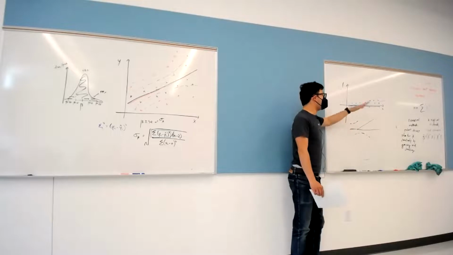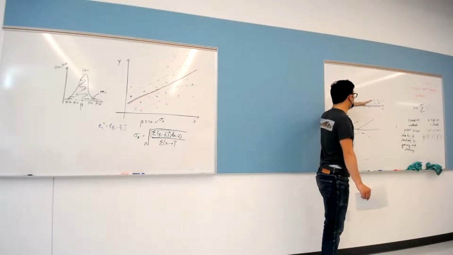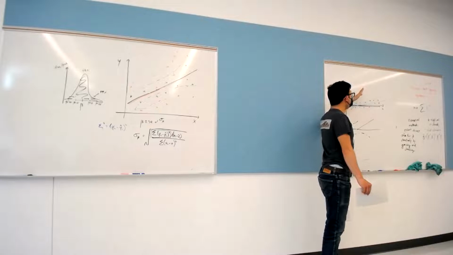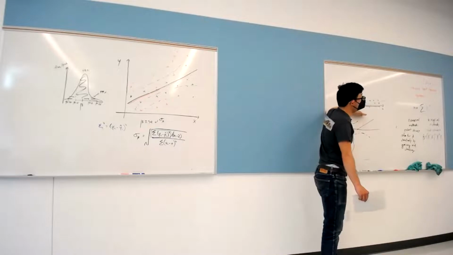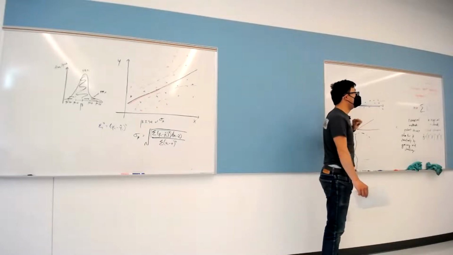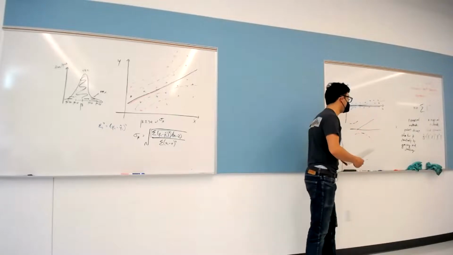So when you wiggle your slope, if my slope looks like this, then 50% of the time it looks like this or below, and then let's say 90% of the time it's 0 or below. That's what they're describing in terms of percentages for statistical significance.